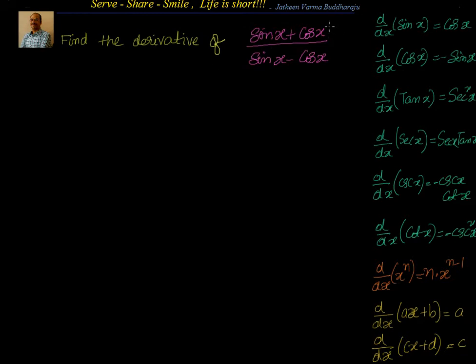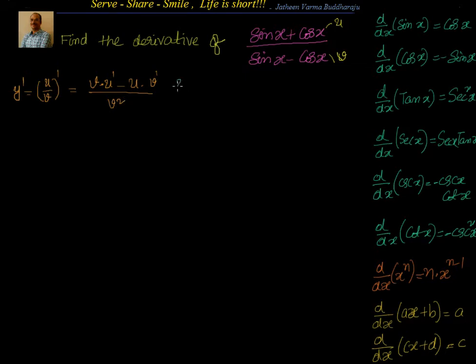Now again we see it in the form of u by v, and we know the formula of the quotient rule. So let's go ahead and solve this problem. We'll write it down. y dash equal to u by v whole dash, that's equal to v into u dash minus u into v dash by v square.